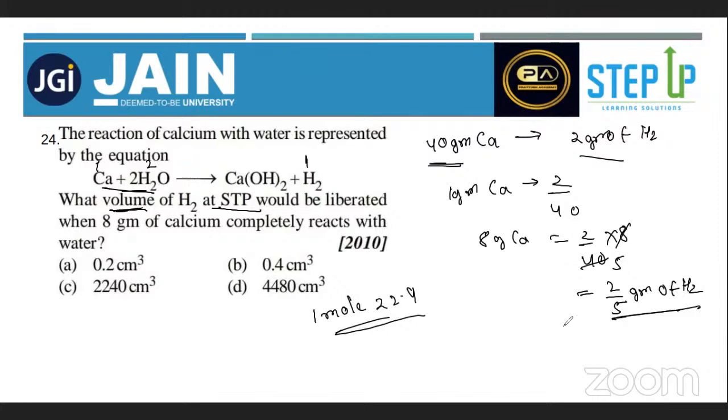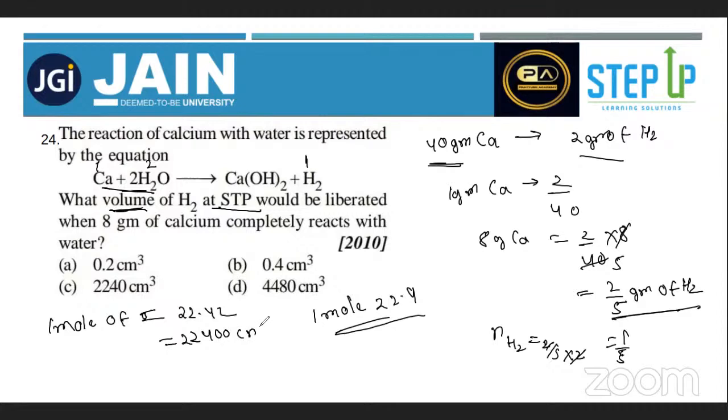Number of moles of hydrogen is mass by molecular mass. The molecular mass of hydrogen is 2, so the number of moles is 1 by 5. Now 1 mole of anything at STP is equal to 22.4 liters, which is 22400 cm3.